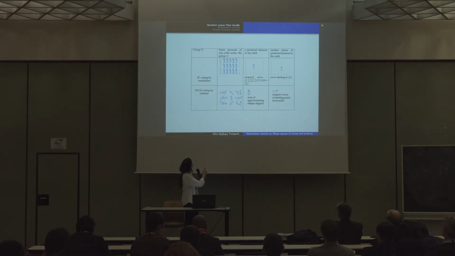So for instance, for the group of translation, you have this Liberty statue which is translated, and this gives you an orbit of the group. And for the group of rotation, you have this Liberty statue which is just rotated. So these are elements of the quotient space.